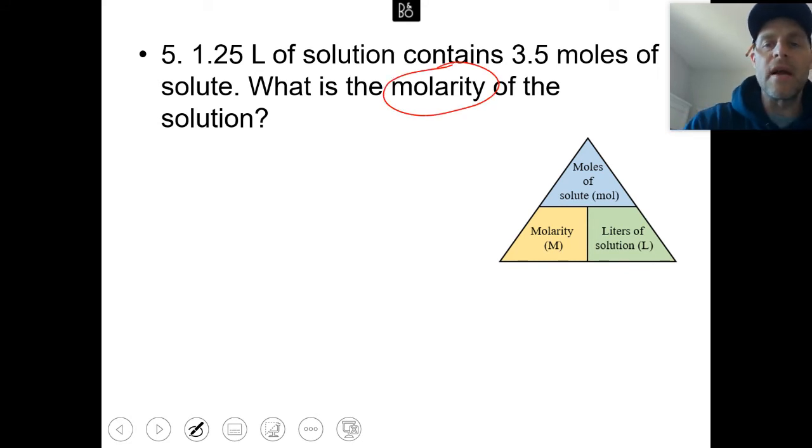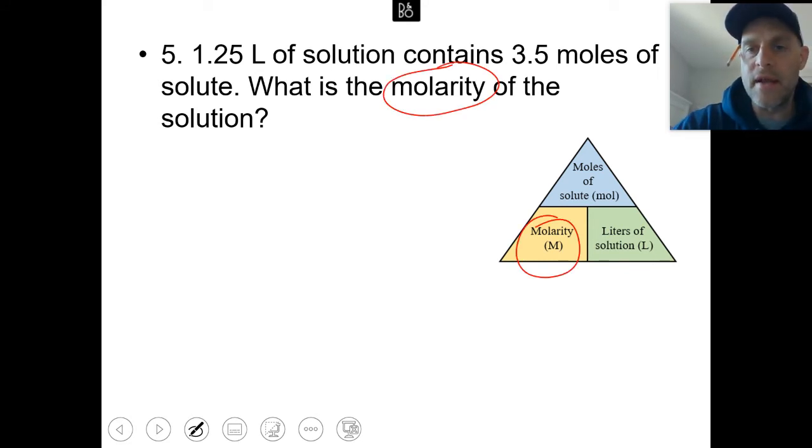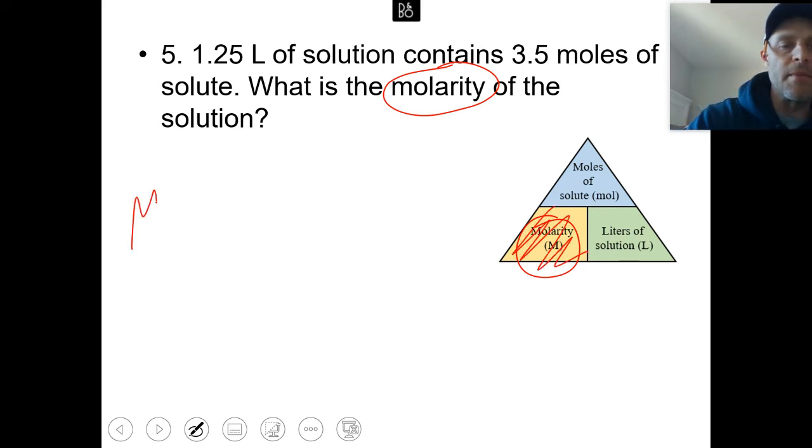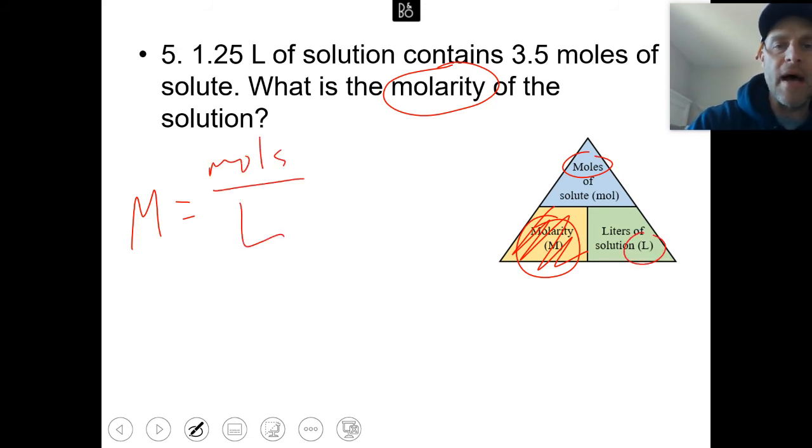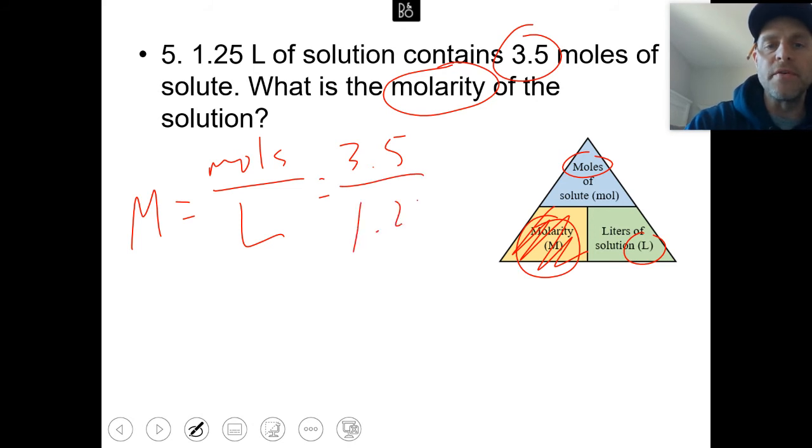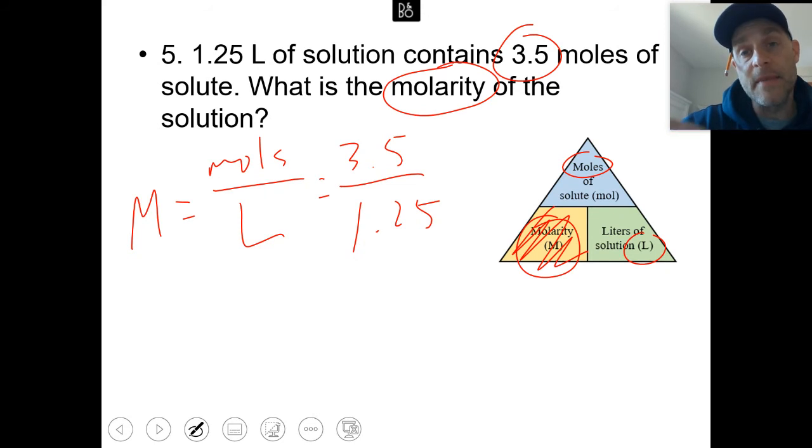Number 5. What is the molarity? So now I'm solving for molarity again, right? Cover it up. What's molarity? Molarity equals moles on top over liters on bottom, and then just plug it in. 3.5 on top, 1.25 on bottom. Now, it's not going to always be this easy. I didn't do it to you today, but I might not give it in moles.